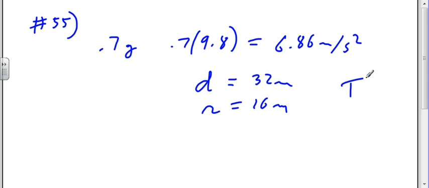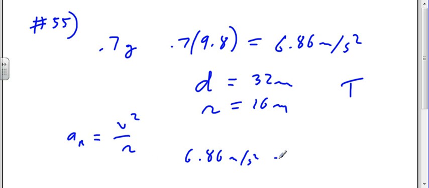Okay, so the equation we want is a_r equals v squared over r. So that being the case, 6.86 meters per second squared is equal to velocity squared divided by r, which is 16.